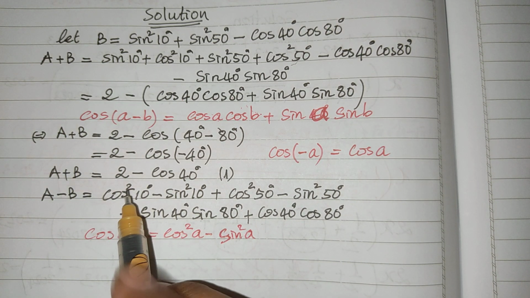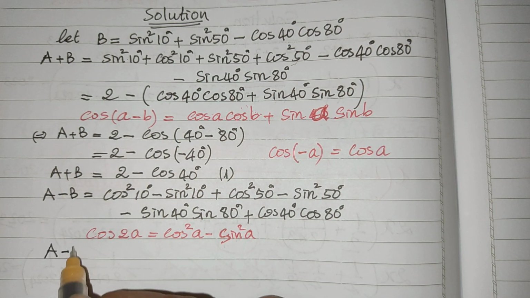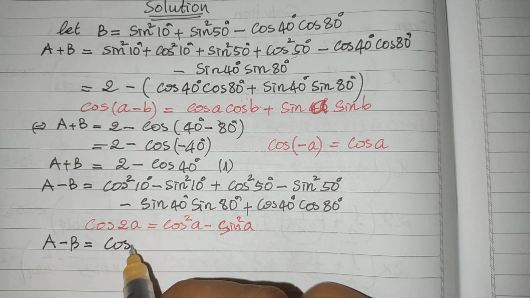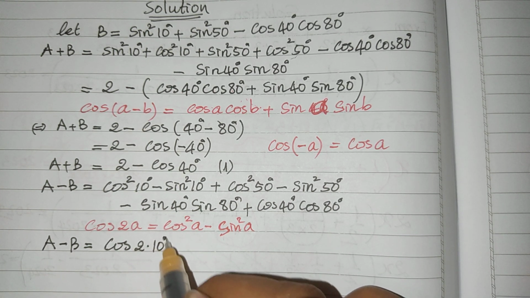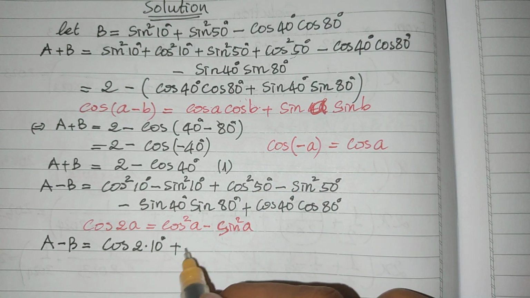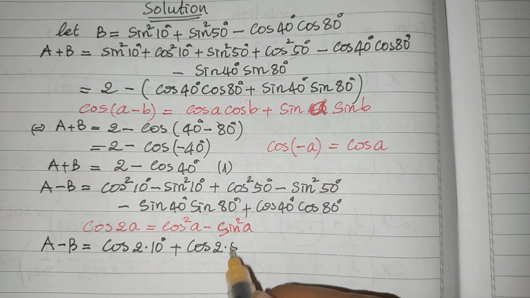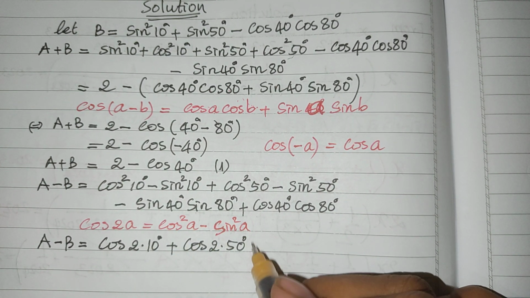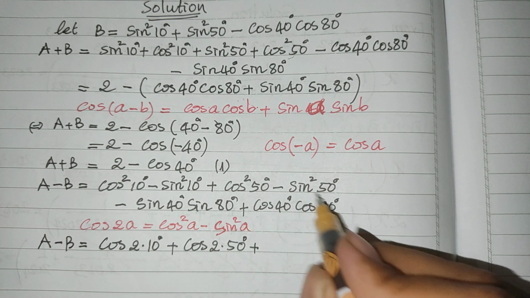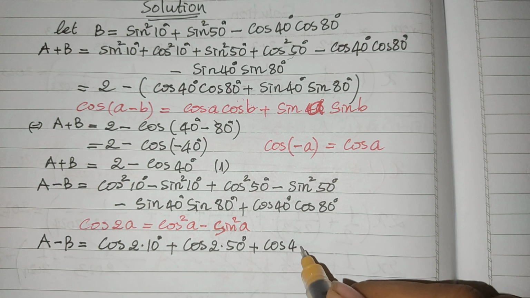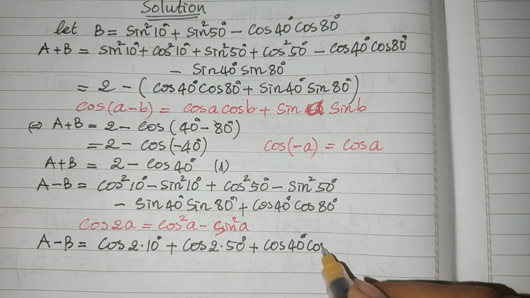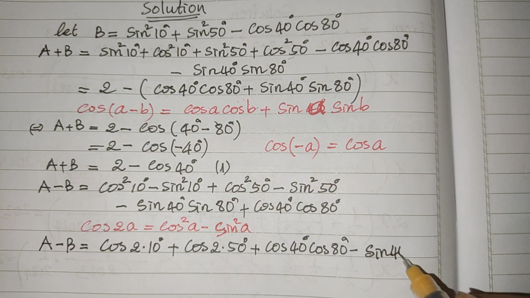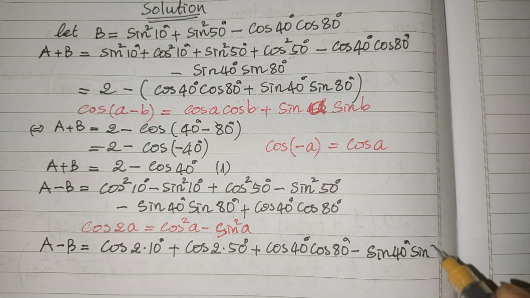We get A minus B equals cosine of 2 times 10 degrees plus cosine of 2 times 50 degrees, plus cosine of 50 degrees times cosine of 80 degrees minus sine of 40 degrees times sine of 80 degrees.